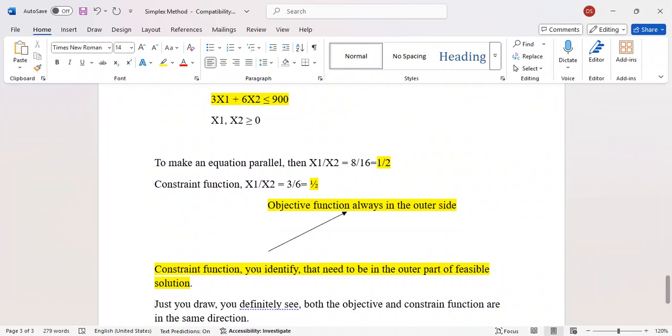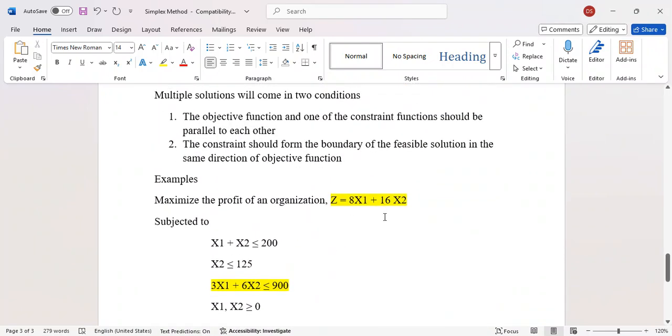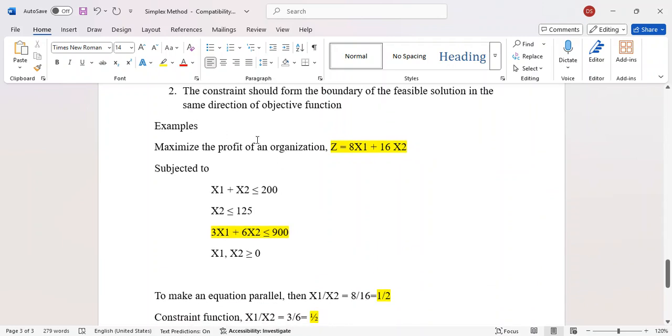You will find multiple optimal solutions, because on one condition, the coefficients are parallel to each other. The objective function coefficients, when divided, give the ratio 1 by 2, so x1 by x2 equals 1 by 2, and one of the constraint functions is also 1 by 2. That's why both conditions are satisfied.